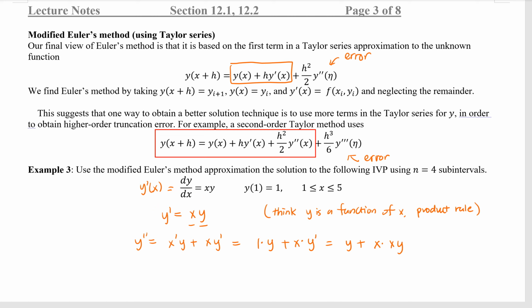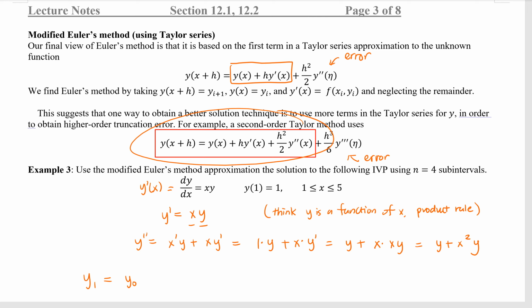So far, so good. So we get y plus x squared y. This is the formula of y double prime, the second derivative. Now we're ready to write down the formula. So y1 equals y0, so just use this.